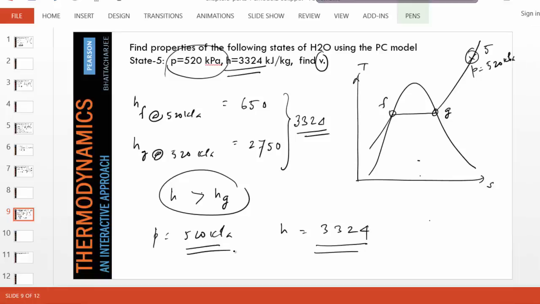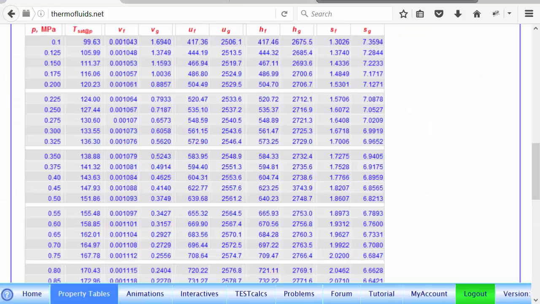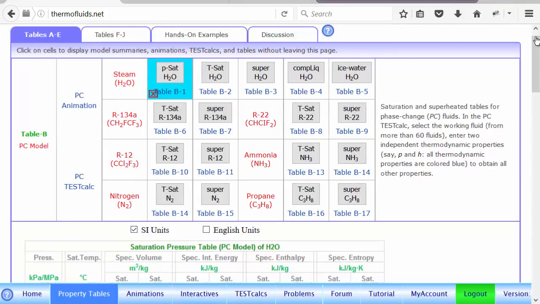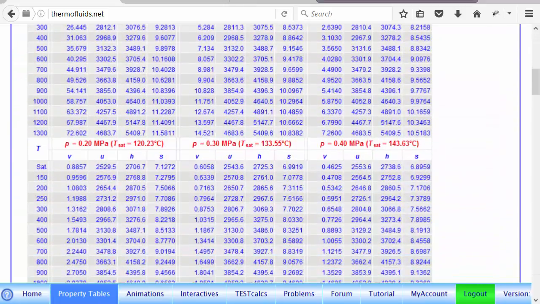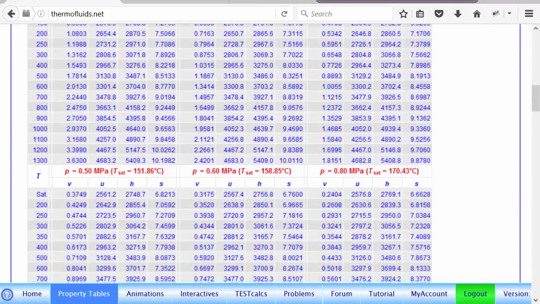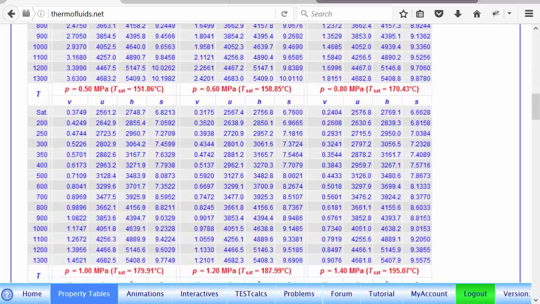We have to find specific volume. For that matter, we can find any other property. So let's go find 520 kPa, superheated table, which is this one. 520 is between 0.5 and 0.6, and enthalpy is given to us, so 3320.